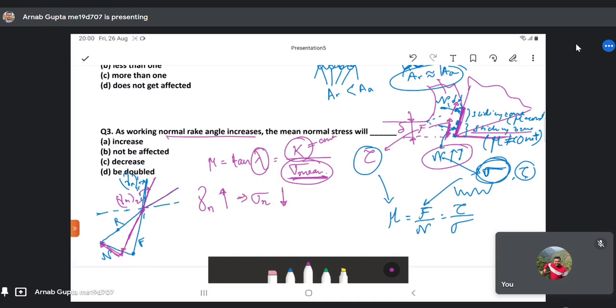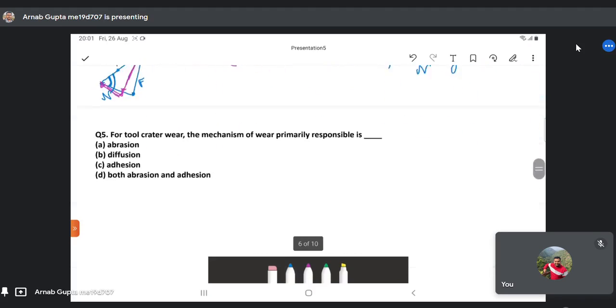Yeah, because N reduces. So if this happens, you can see from the angles here, this was the initial angle and now the angle has increased. So lambda increases. Okay. So moving on to the next question.